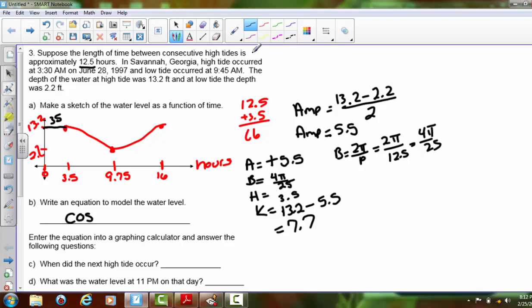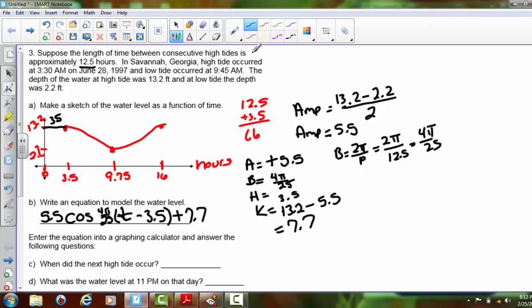So I put it together: 5.5 cosine of 4 pi over 25 times t for time, and then it was a shift of 3.5 to the right, so minus 3.5, and then plus K, because we went up 7.7.